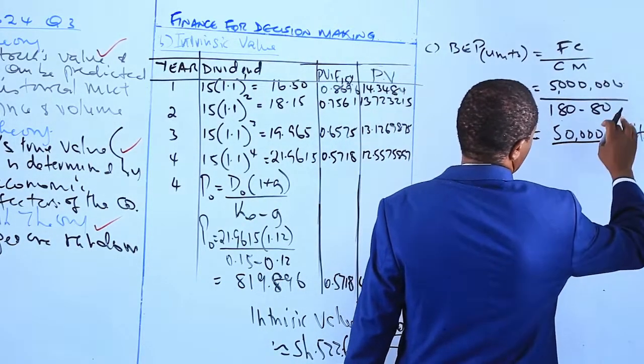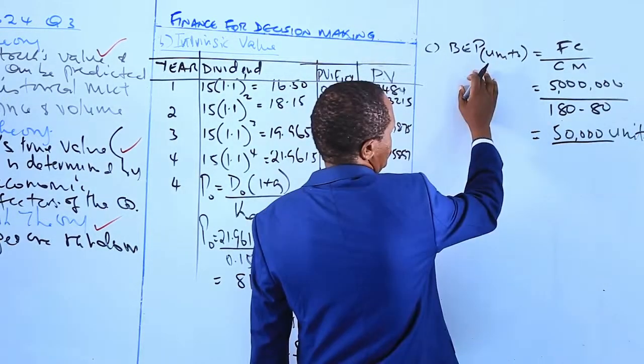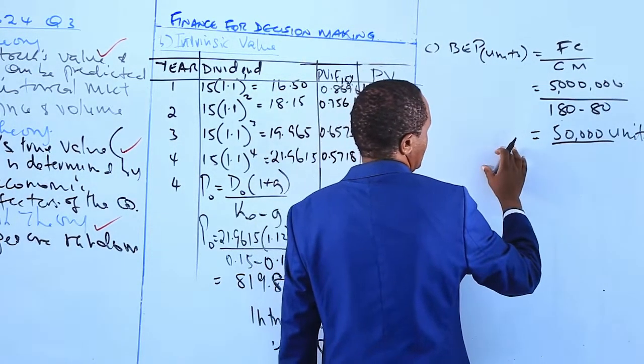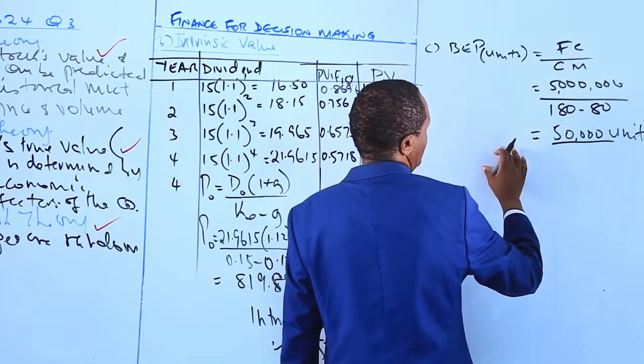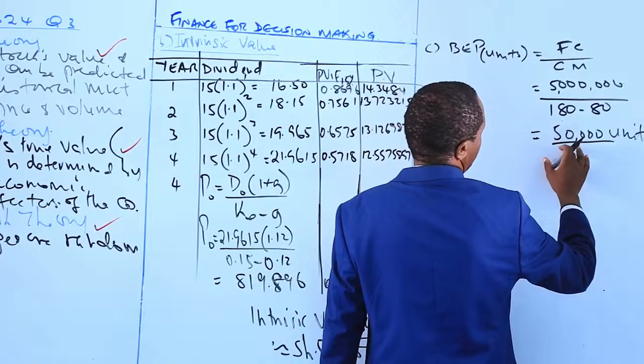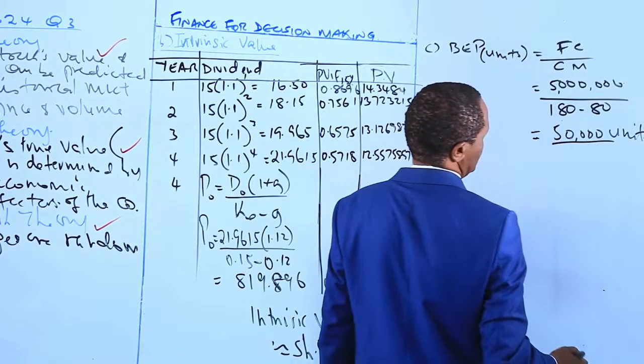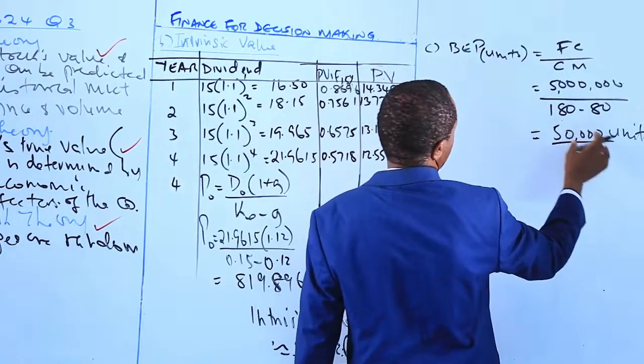The first shilling of profit will be made after the 50,000th unit. That will be 50,001 units. So that's the break-even point in units.